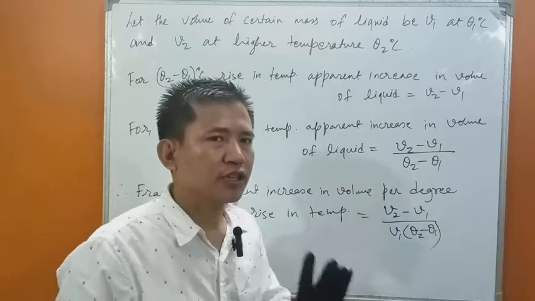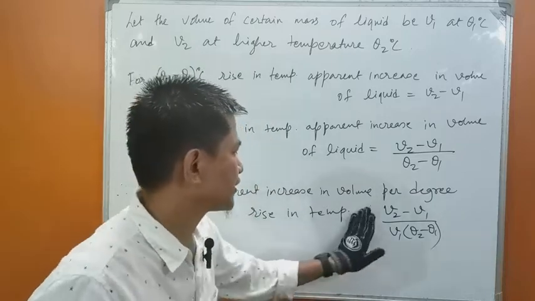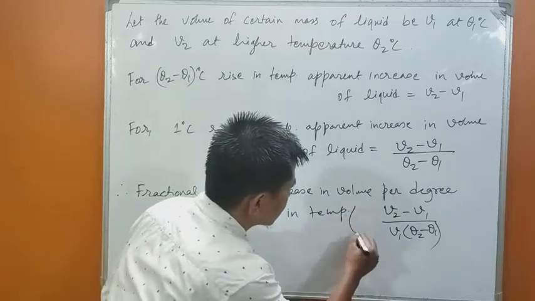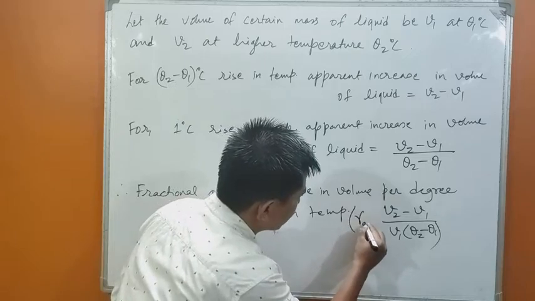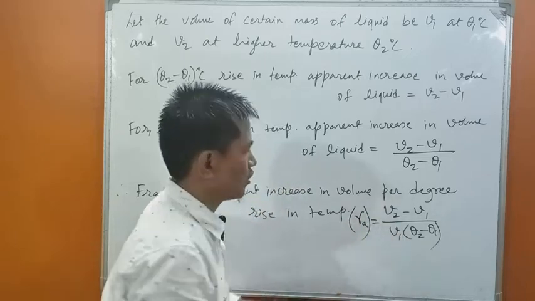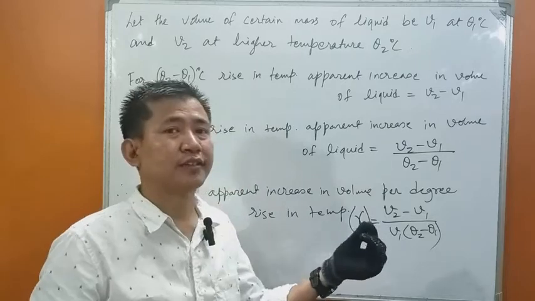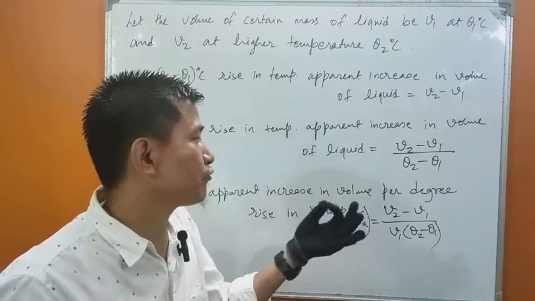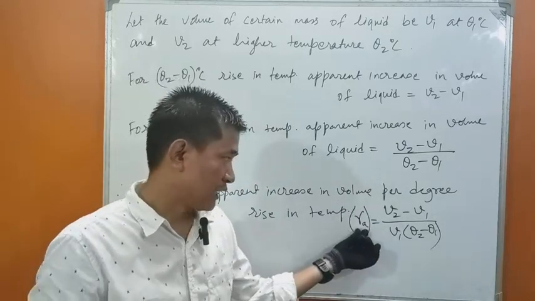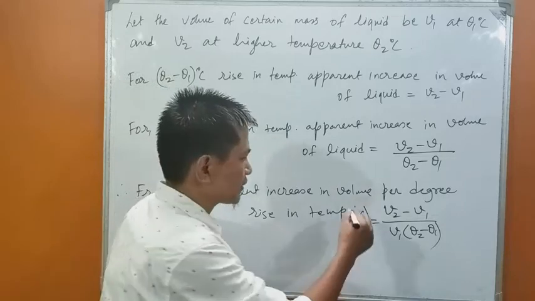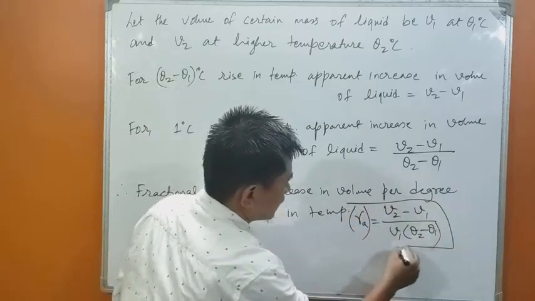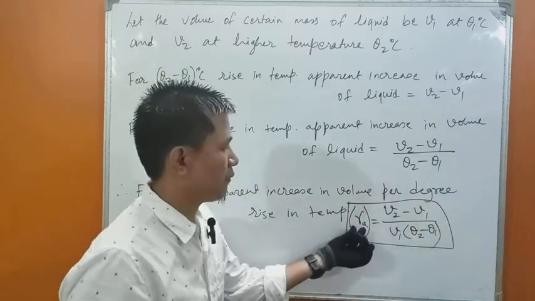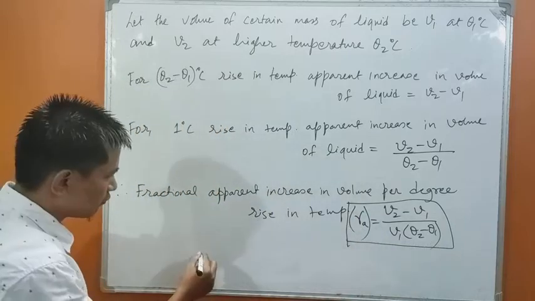So coefficient of apparent volume expansion of liquid is denoted by letter gamma A. This is the value of gamma A.